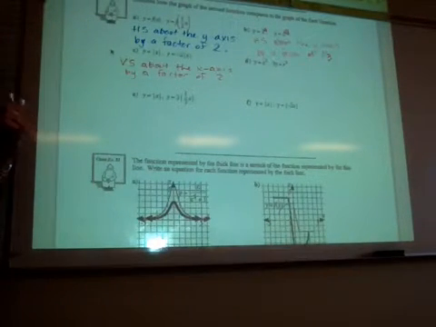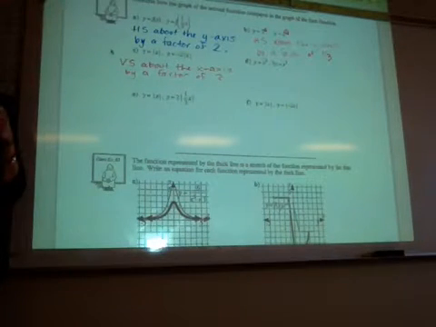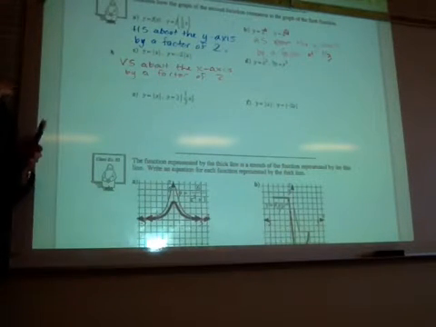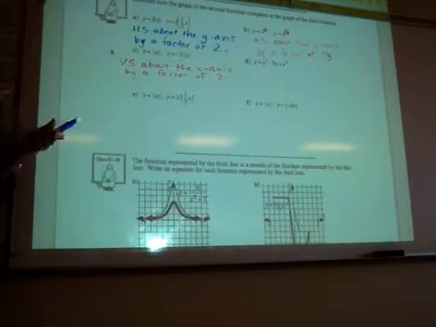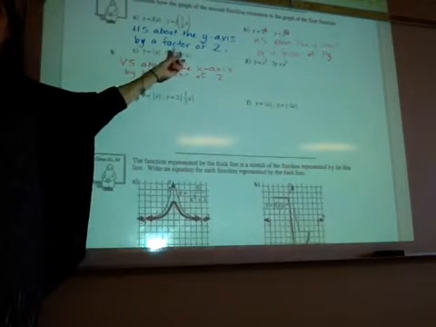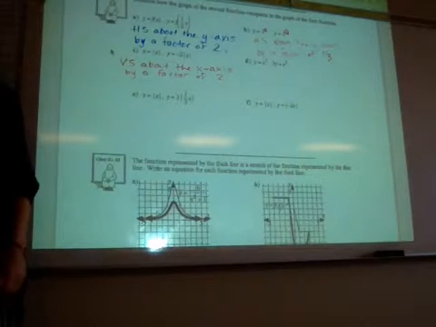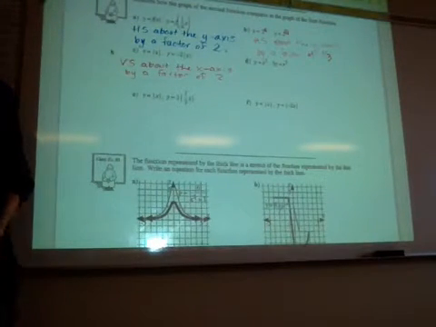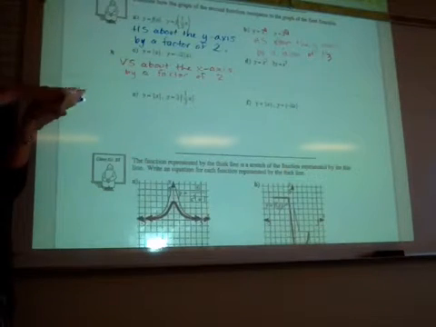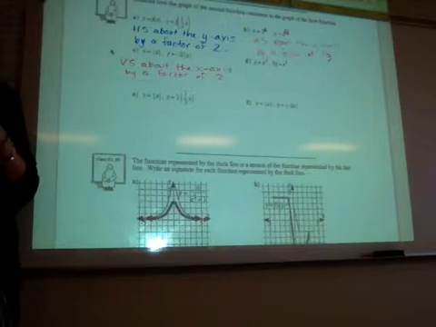Okay, is there another transformation? What's happening? Reflecting in the... I don't know. Okay, if it's outside the function, is it affecting the y values or the x? Good, the y values, which means it's a vertical reflection. It's going over the x-axis.